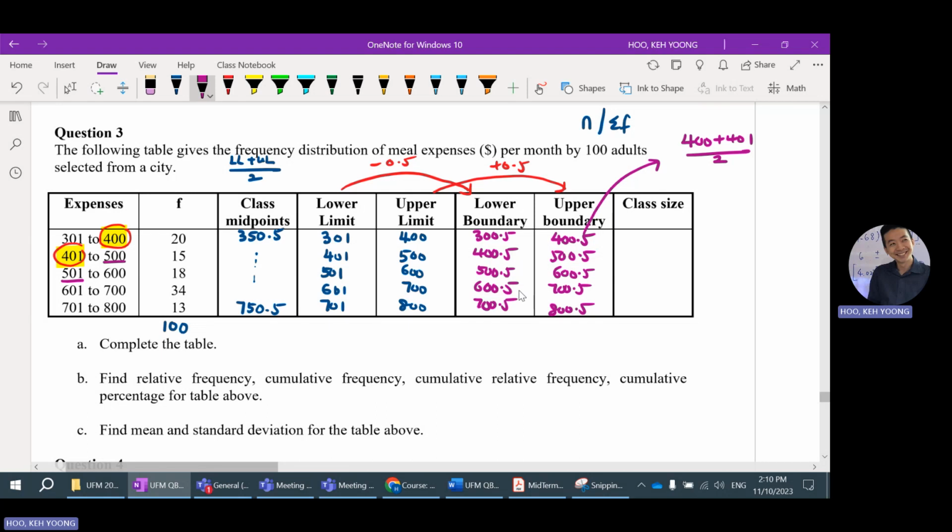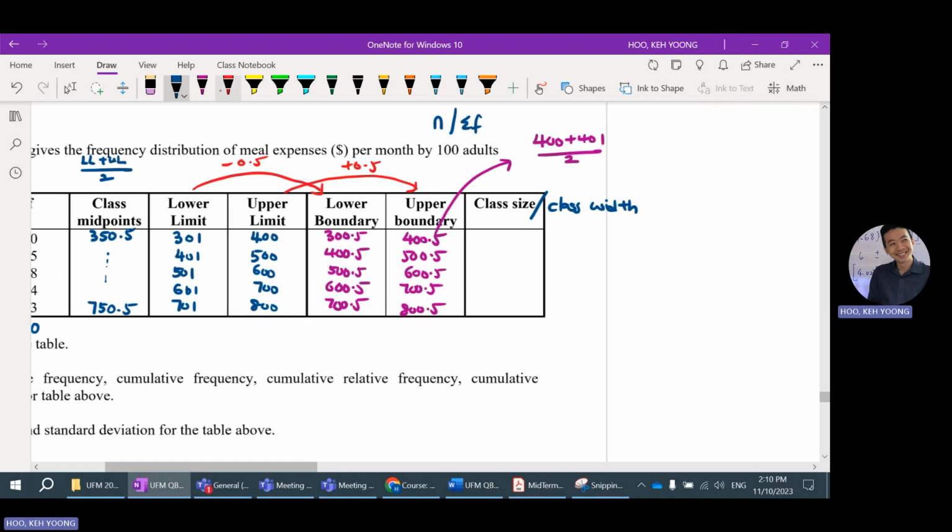Next, class size. Class size is also known as class width. They are the same. How do we get class size or class width? The formula is upper boundary minus lower boundary. Remember, we are using boundaries, not limits.